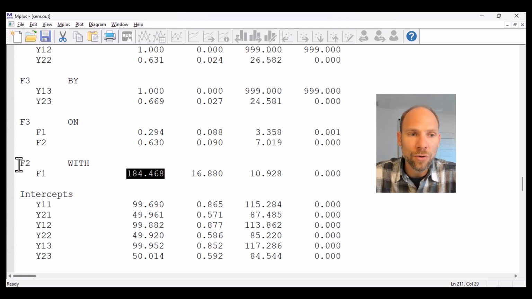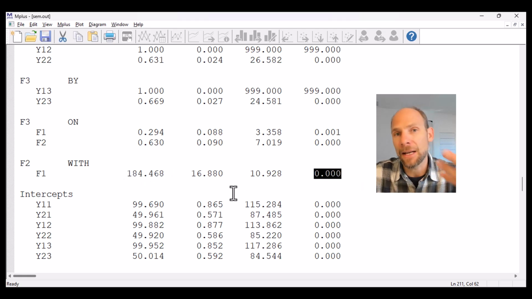Now, how strong this relationship is, we can't see here because this is a covariance and it's not standardized. So it's difficult for us to tell whether this is a strong relationship or a weak relationship, but at least we know it's statistically significant and it's positive. And later on, we'll see in the standardized solution that we get the correlation between those factors, which is easier to interpret.